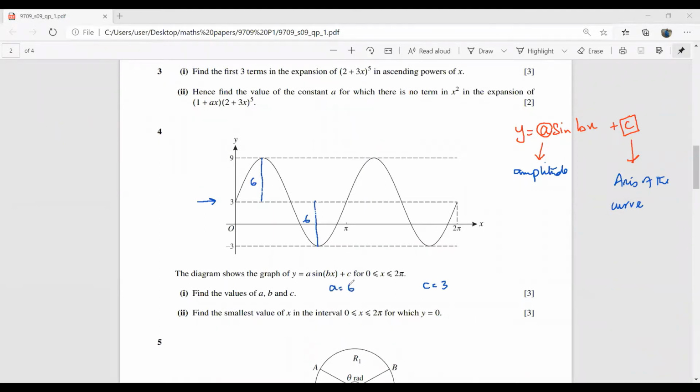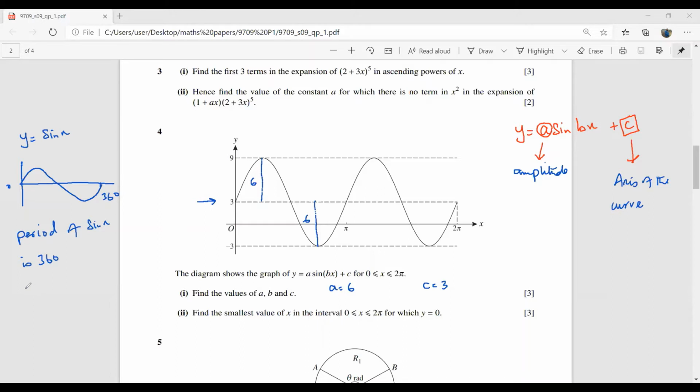Then this b. If you look at a normal curve with a simple angle, like sine x, the graph for sine x is like this. Its one wavelength is completed within 360 degrees, so we say the period of sine x is 360 degrees.